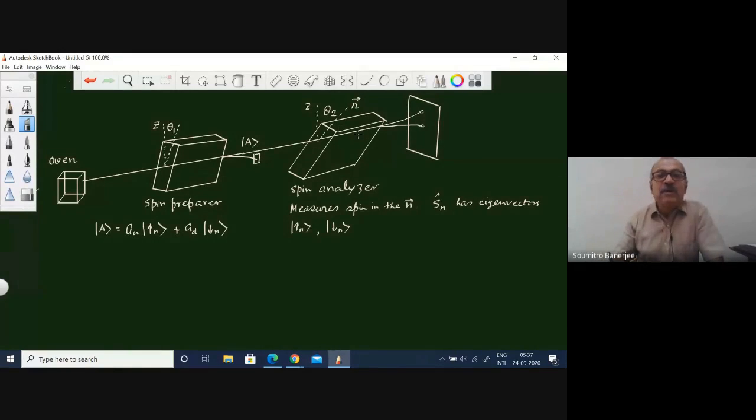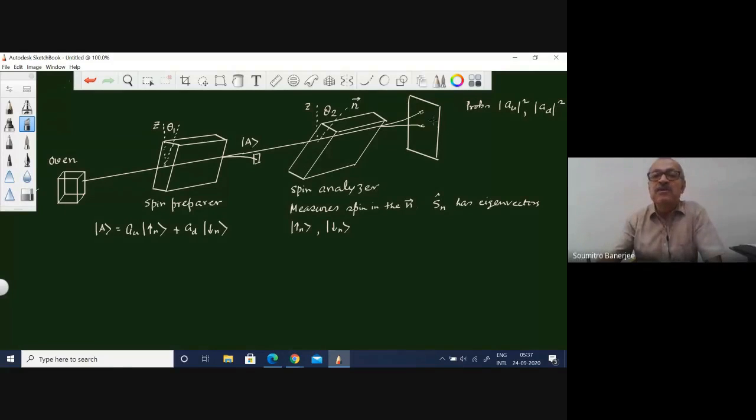Now, what will be the probability of observation in the up state and the down state? Basically, these. So probabilities will be, I'll write here so that I have space, mod AU square and mod AD square.